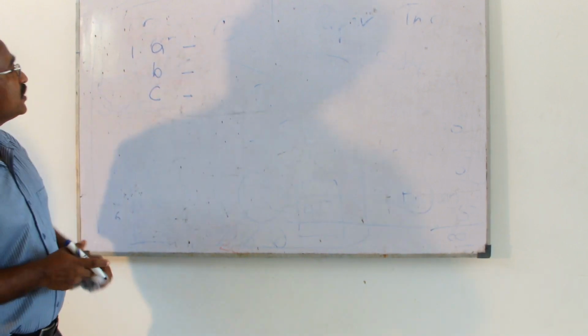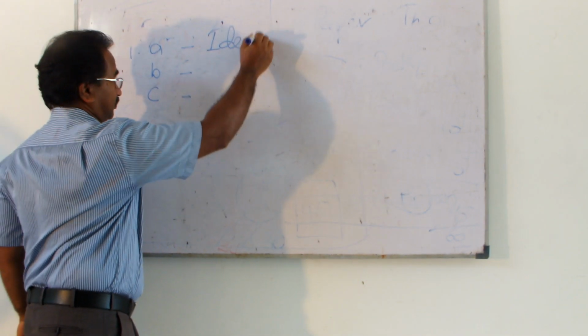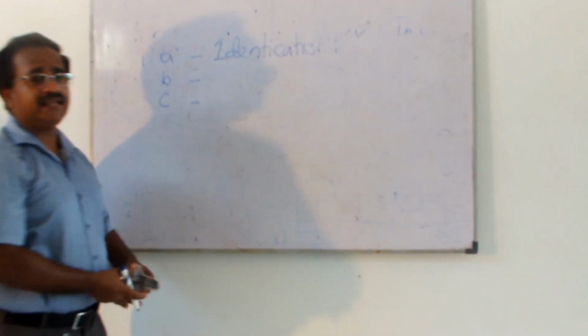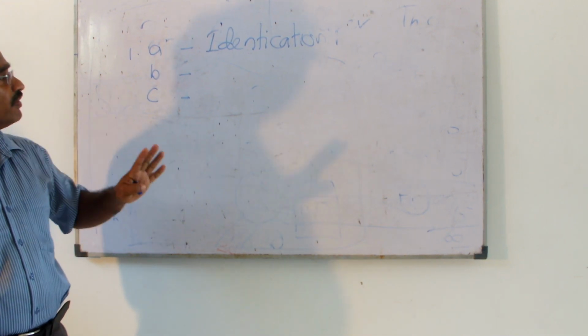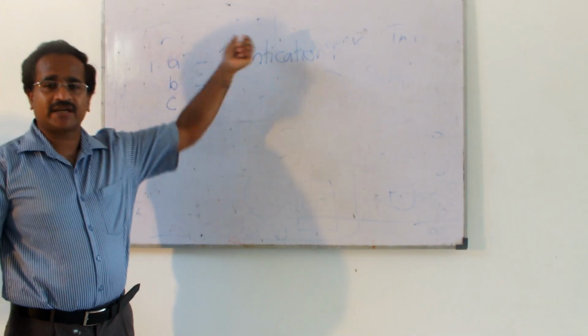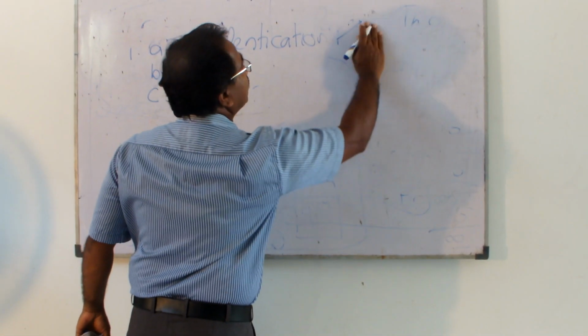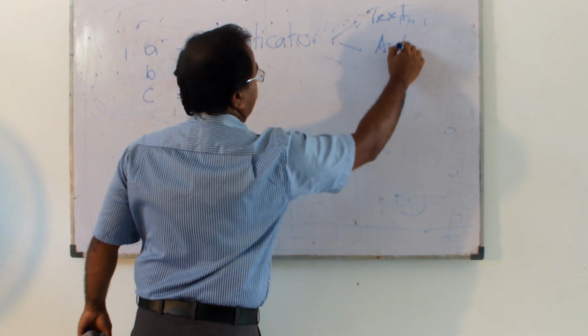And then the first question is based on identification. You have to identify the literary text, the poem, the short story or the drama from which this extract is taken. And then you have to identify the text as well as the author.